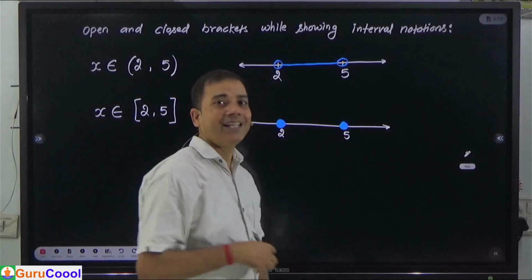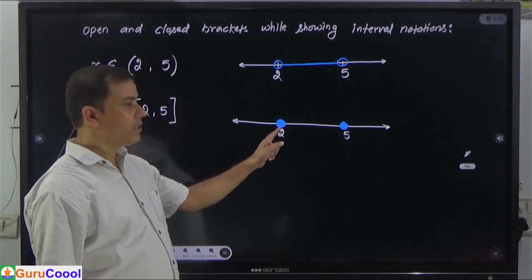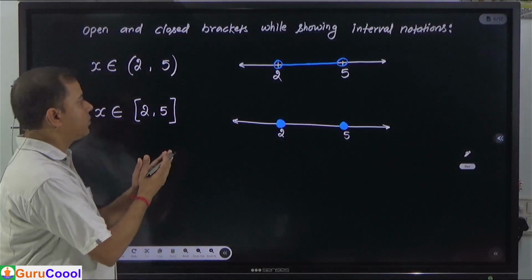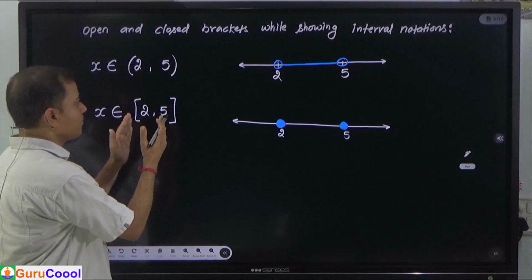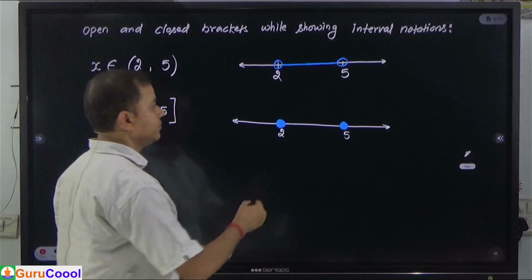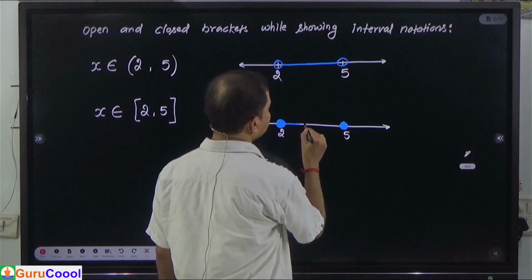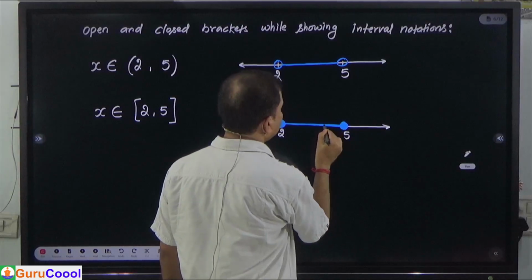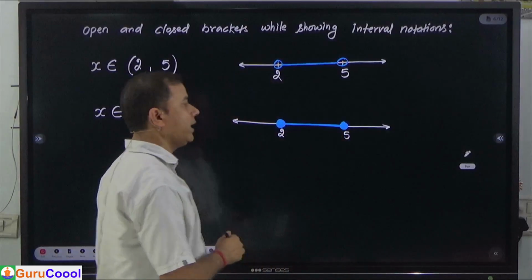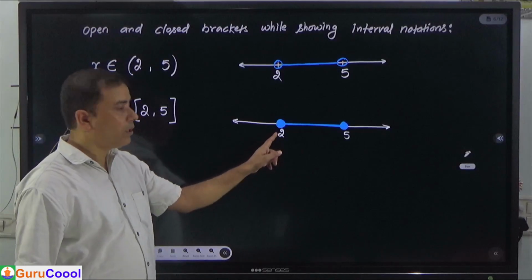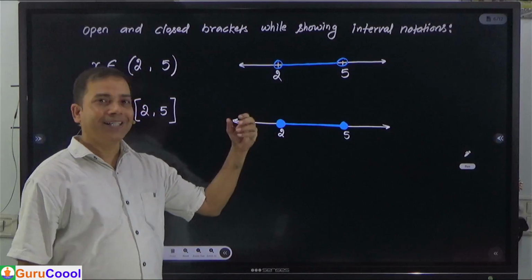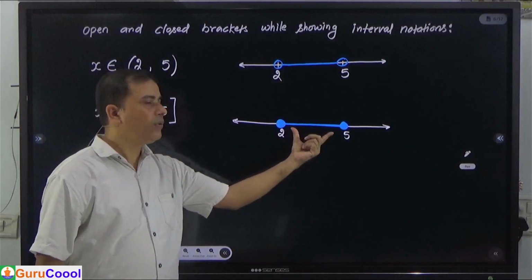Closed circle means equal to. X is equal to 2, X is equal to 5, and X is also equal to all the numbers between 2 and 5. So X can have any value equal to 2 or equal to 5 or any other number between 2 and 5.